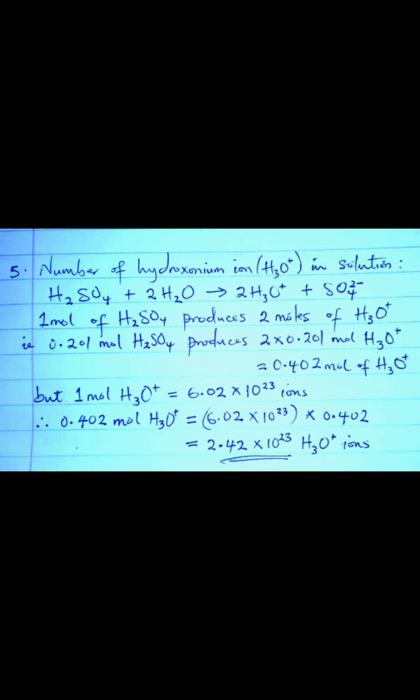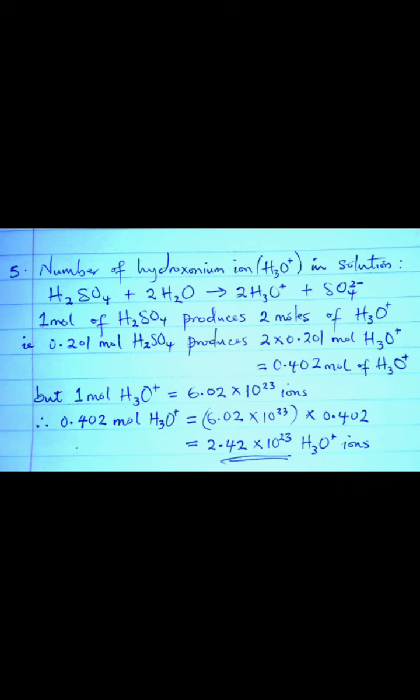Comparing the number of moles of H2SO4 with hydronium ion, we have 1:2. So if H2SO4 is 1, that's 0.201, and hydronium ion is 2, that would be 2 times 0.201. That will give us the number of moles of hydronium ion.